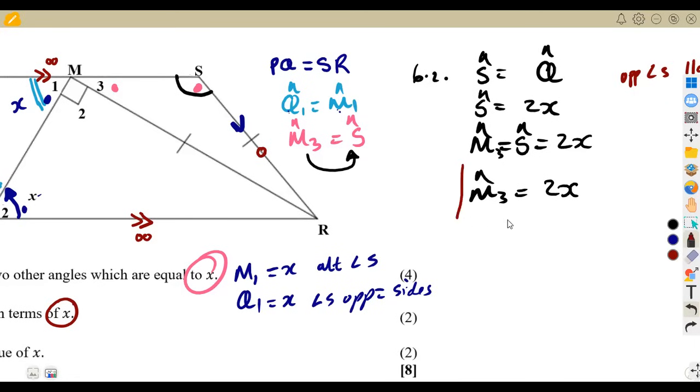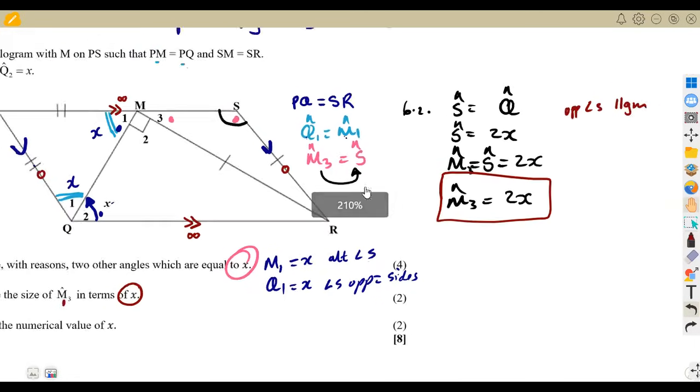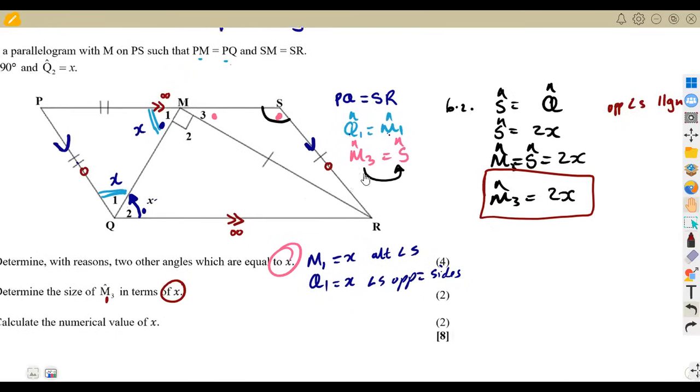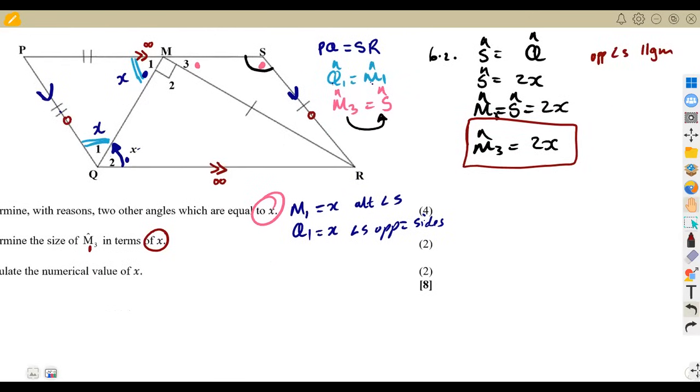But this is not the only answer that we could have here, because someone could have used this concept. If you check properly, we said M1 is x, then M2 is 90 degrees, as we're given a right angle triangle there. Then M3 can be obtained because we're talking about angles on a straight line, which add up to 180 degrees.